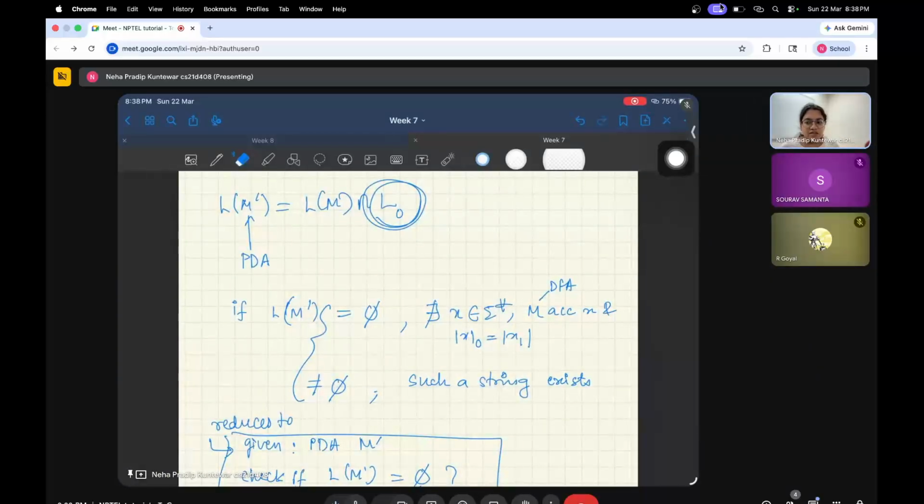Normally the more frequently seen use case is when you want to show that a language is undecidable, then you would reduce to some undecidable problem. But this is the other way around. And most of the time, that undecidable problem is either ATM or the halting problem.